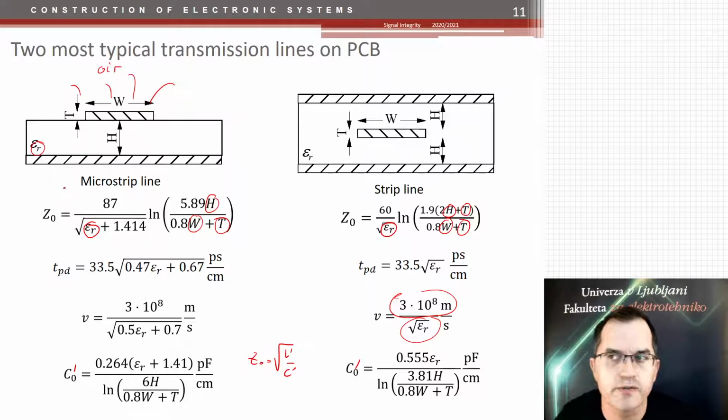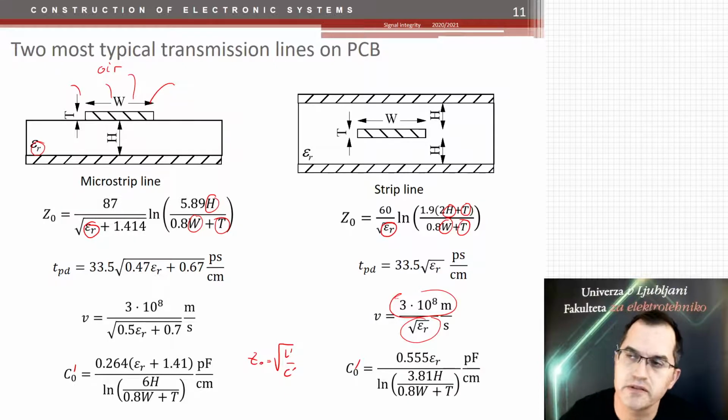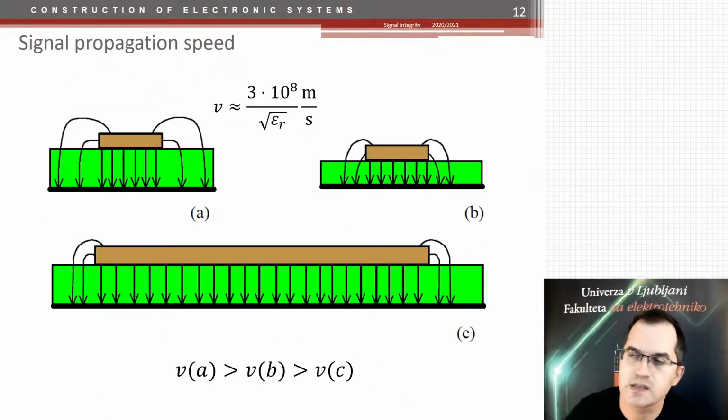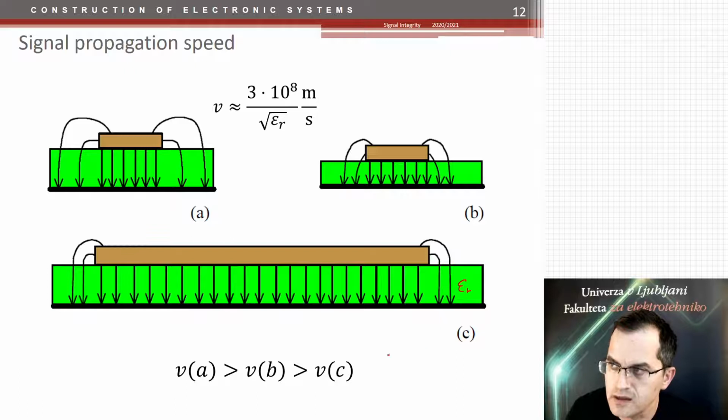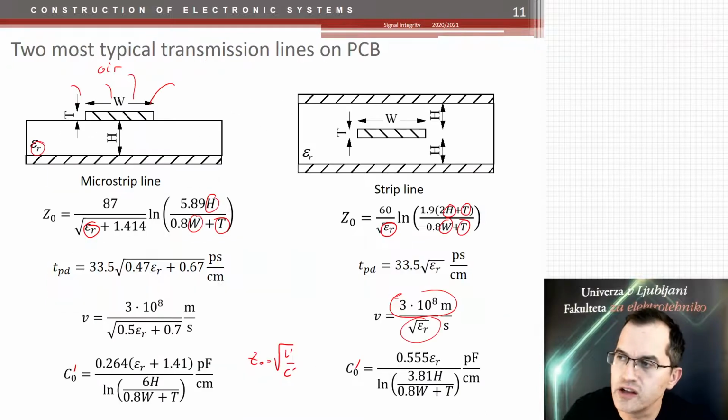So there is a part of the field in the air and the other part in the material. And that affects the speed. The more the electric field is in the air, the higher the speed. The more electric field is in the material with the higher permittivity, the lower the speed. And if all the electromagnetic field were inside the material, you would get this one there.